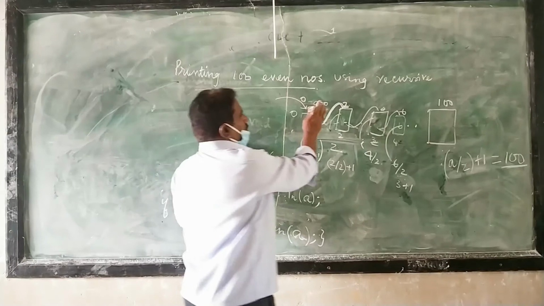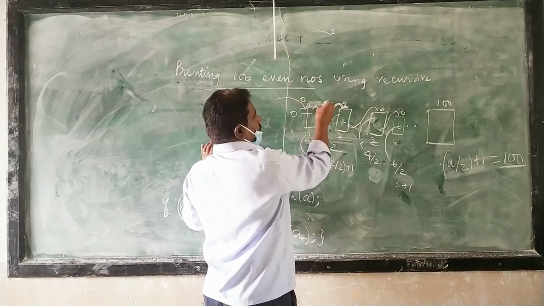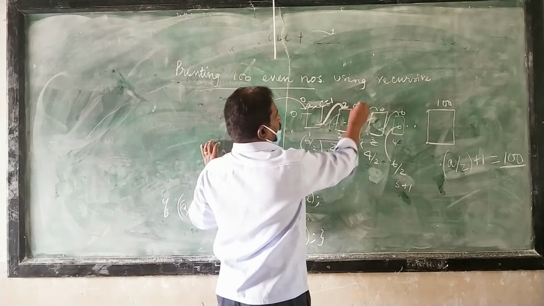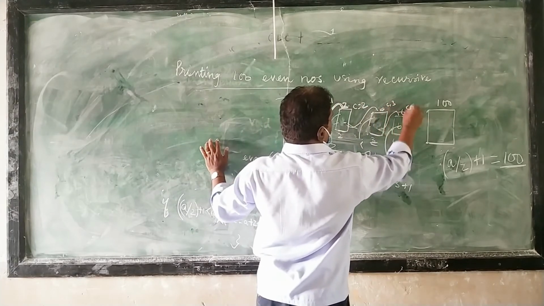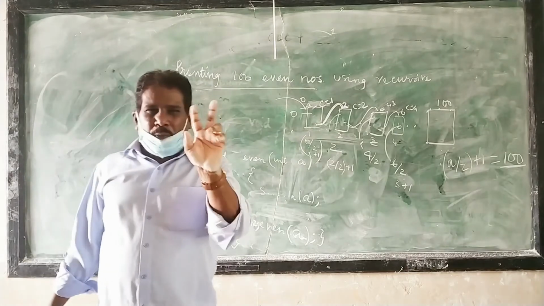So I will take two values, one is the even number and the other is the counter C. First time the counter is 1, second time 2, third time 3, fourth time 4, etc. So I will take two parameters.